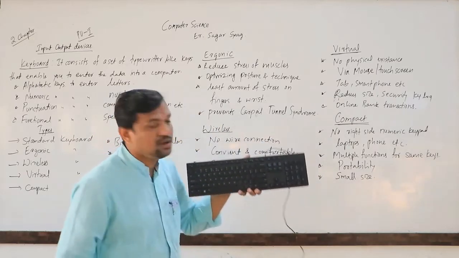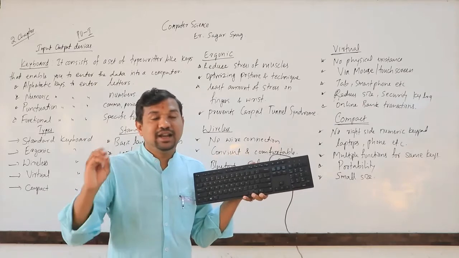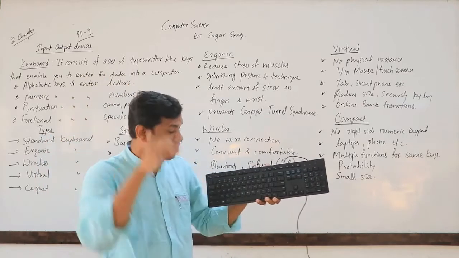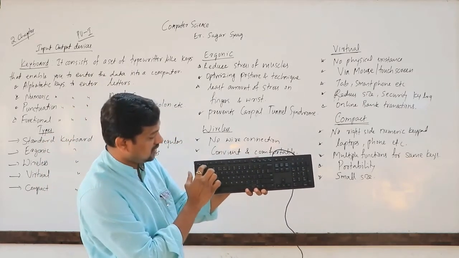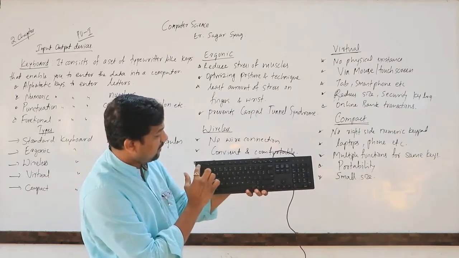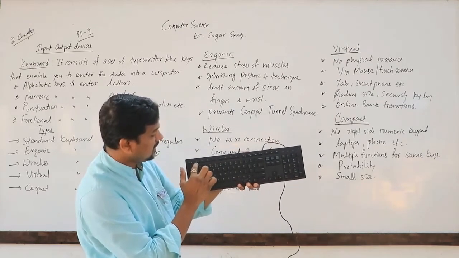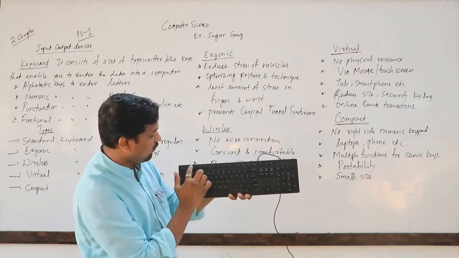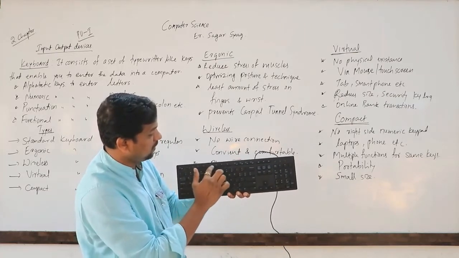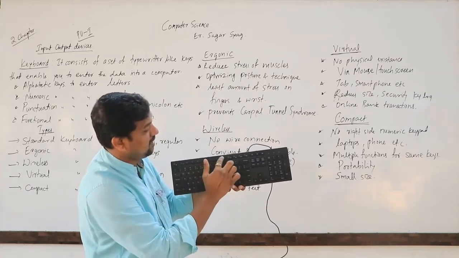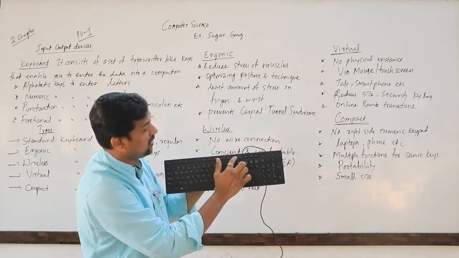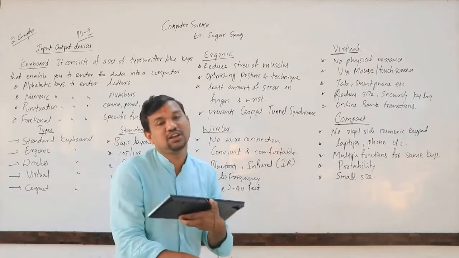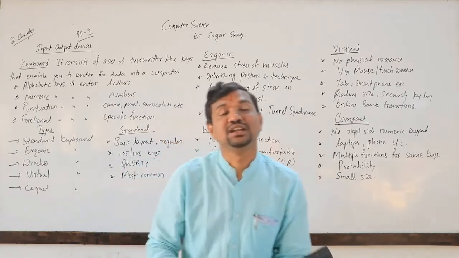Last one, functional keys. They have some specific meaning for the computer. Functional keys are at the top, after the escape button: F1, F2, F3, F4, F5, F6, F7, F8, F9, F10, F11, F12. These are called functional keys.